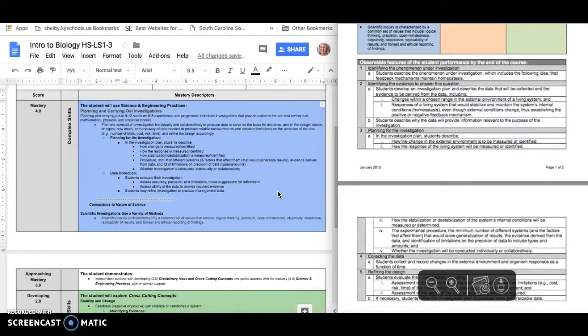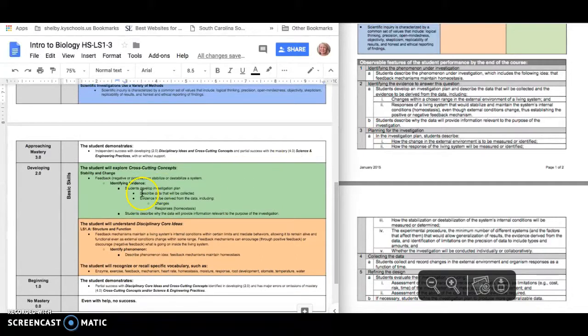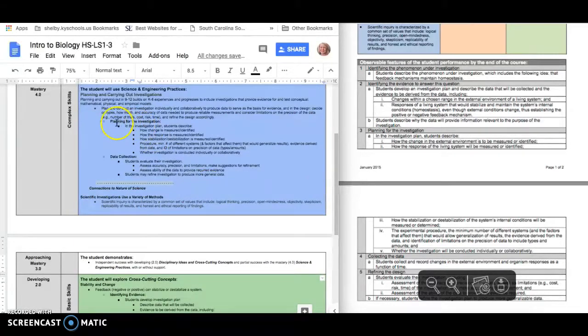Again, sometimes all of it will fall here in the complex skill. For this one, the way that I see it, it breaks down into the disciplinary core idea right here, and into the cross-cutting concept here, and then the bulk of it, because it's planning for and then carrying out the investigation, falls here.